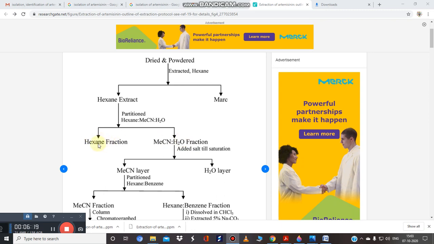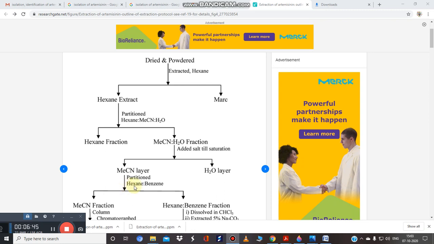Okay, and we will discard the hexane fraction over here, and we will treat this MeCN H2O fraction with salt for the removal of water, because the salt will get absorbed in the water, and again it will form two layers. Then we will work on the methyl cyanide layer, and it is again partitioned using hexane and benzene.